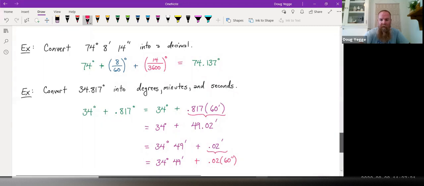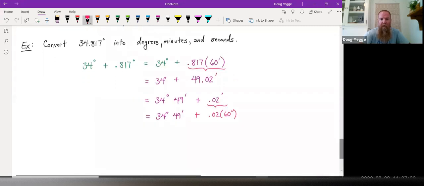Let's scroll down a little bit more here so we've got a little more room. And so now we should realize that this extra amount, this 0.02 times 60 seconds, is 1.2 seconds. So we're now adding that 1.2 seconds to the 34 degrees and 49 minutes that I already have.